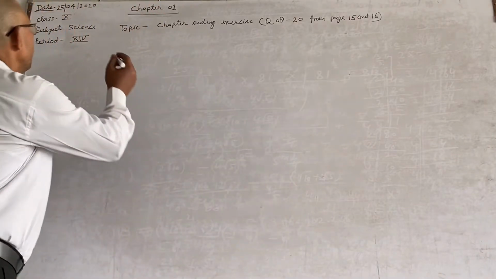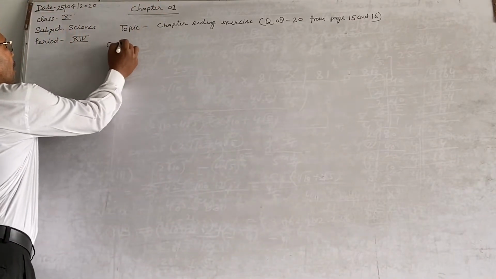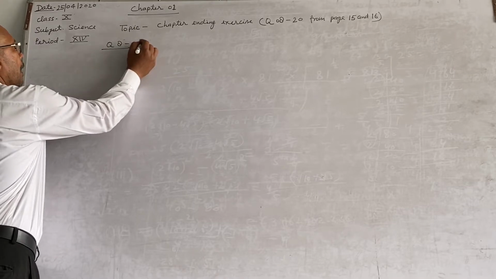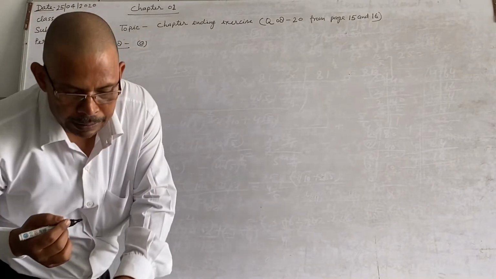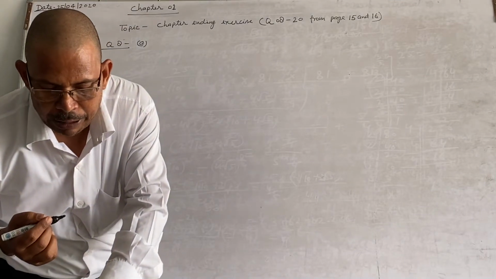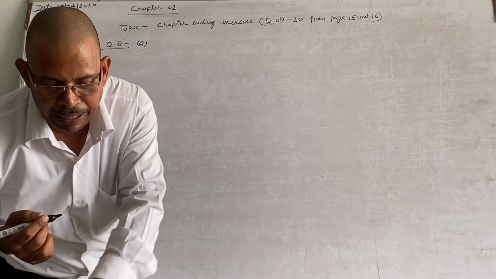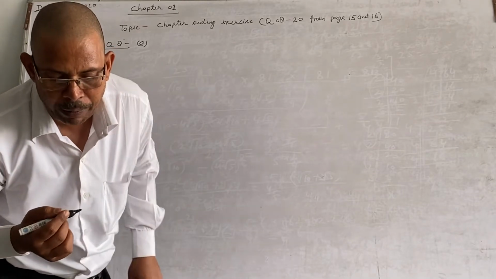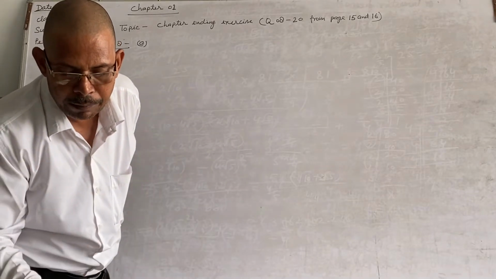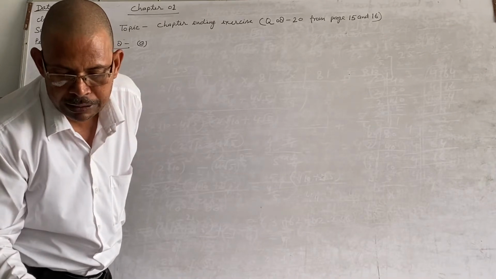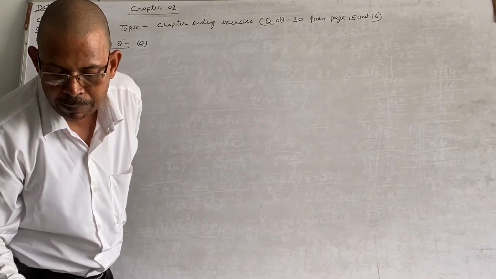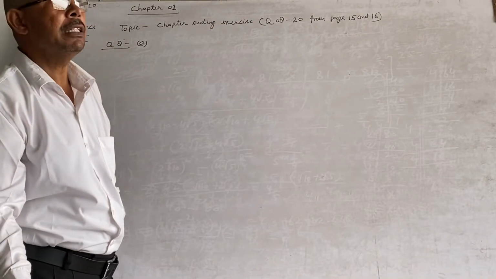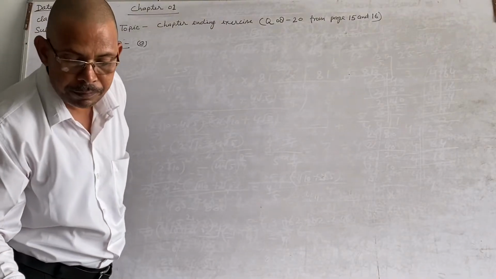Question number 8, A. First one, see: potassium bromide aqueous plus barium iodide aqueous. After reaction, potassium iodide aqueous plus barium bromide solid. That is, it is a precipitate.